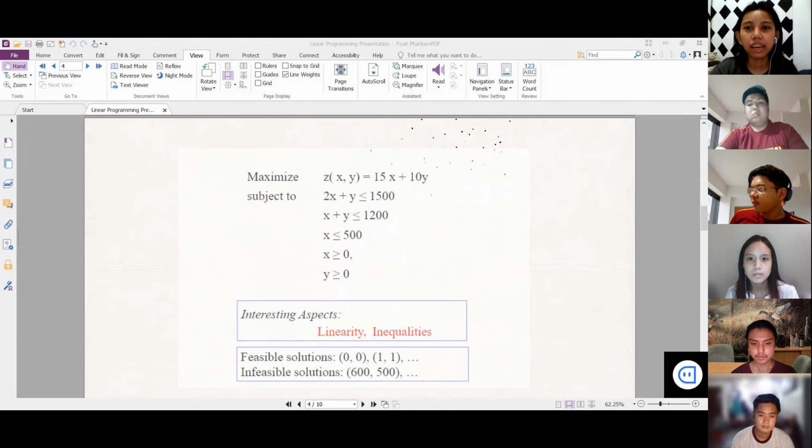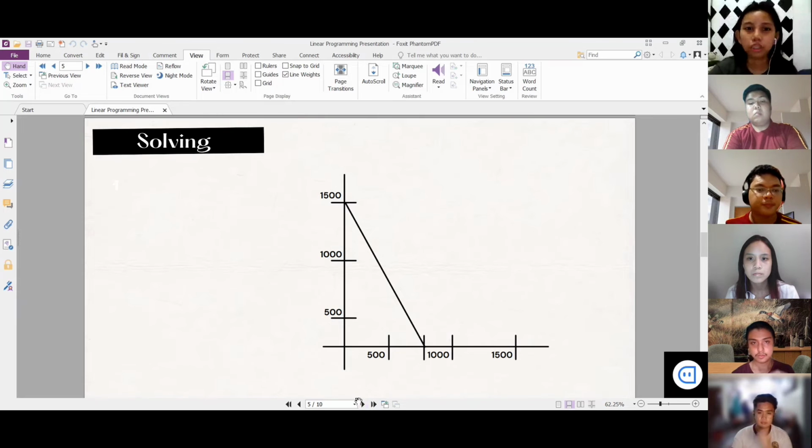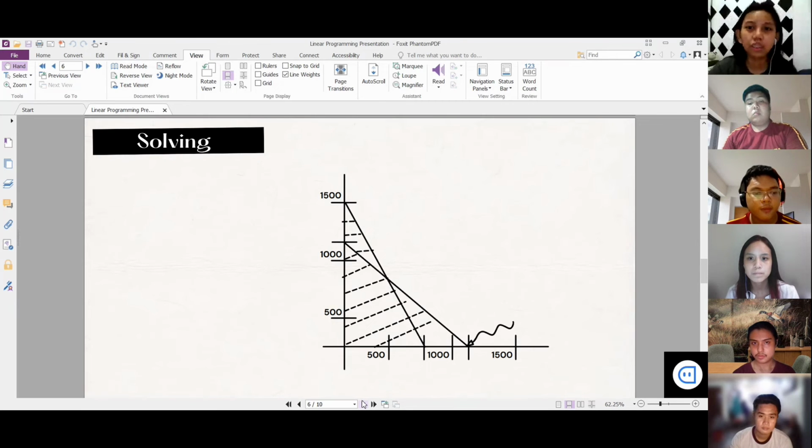Let us try the line 15x plus 10y equals 5,000. Now, note that our objective function is of the form ax plus by equals c. We learned that if we keep sliding this line to the right-hand side, we progressively increase the value of c.